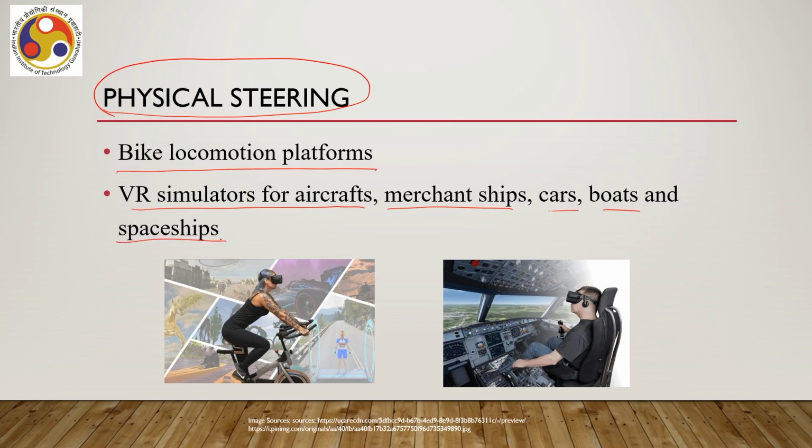These actually come with this type of physical steering as shown in this example. So, this is a bike simulator where you can see the physical steering, and by moving the steering physically you can perform the travel in the virtual world. Similarly, here you have physical steering props used in this flight simulator, which is used to perform travel in the virtual world.